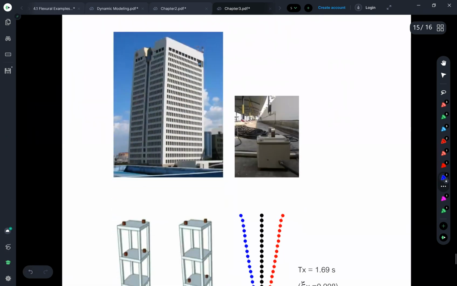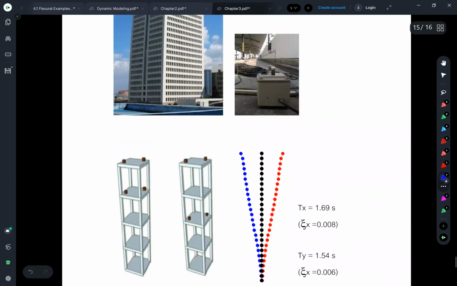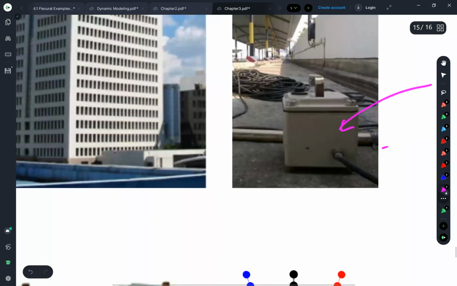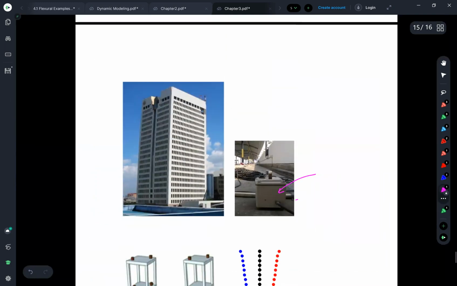And this is one case of a building in Bangkok where we did the measurement. We put this, what they call the accelerometer.